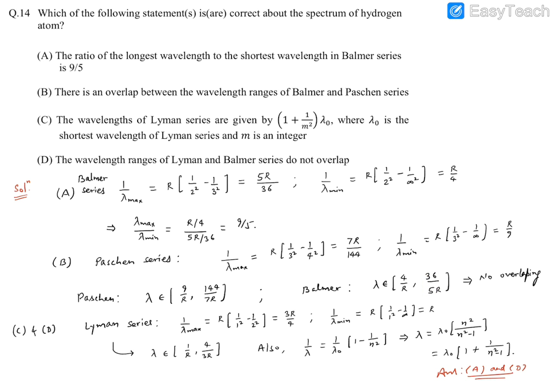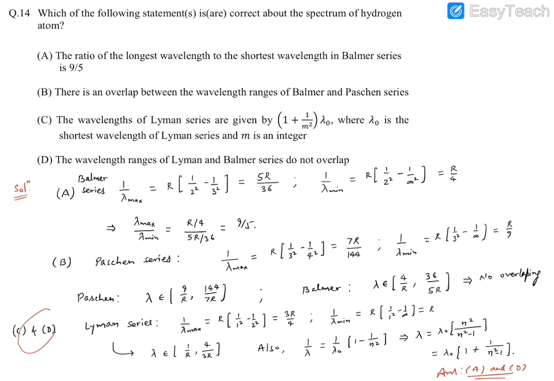If you look at 36 by 5R, you'll find it's 7 point something divided by R, that means it's less than 8 by R. So it is inside 8 by R, and the Paschen range is beyond 9 by R. So the wavelengths in Balmer and Paschen will not be overlapping if we consider their ranges. So statement B is wrong because it says they overlap.